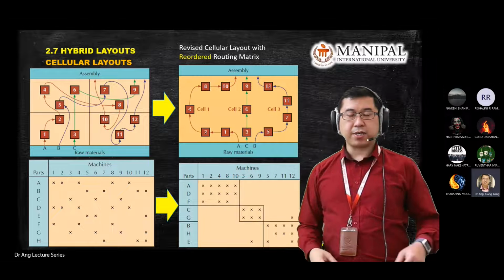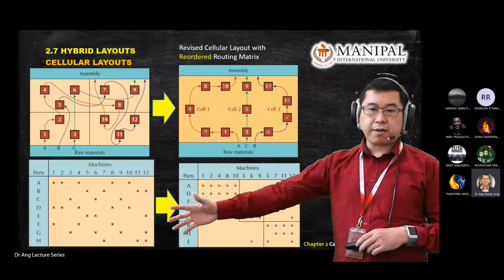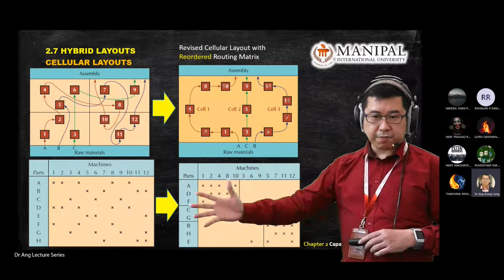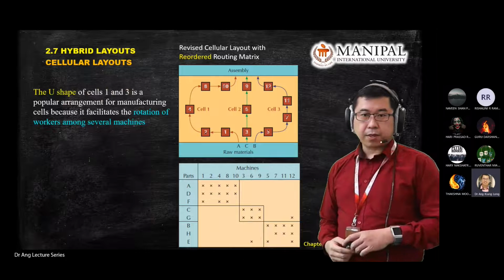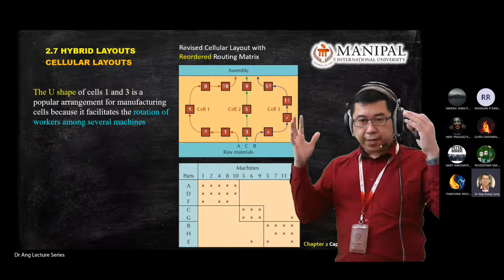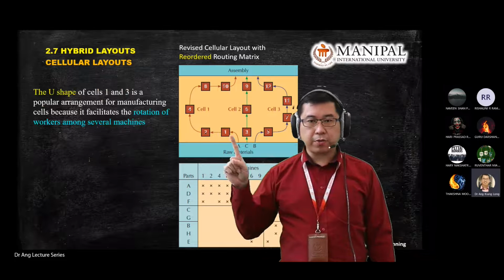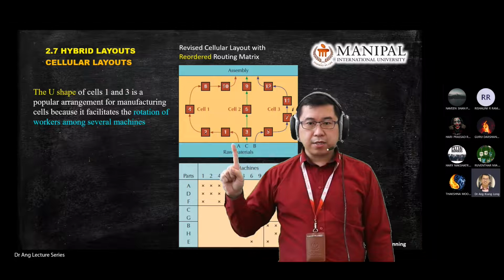Of course, nowadays there is some very advanced mathematics software that is able to solve the matrix into an organized presentation. However, there are some basic ideas. For example, the U-shape will normally be used for the routing matrix. This is a U-shape.